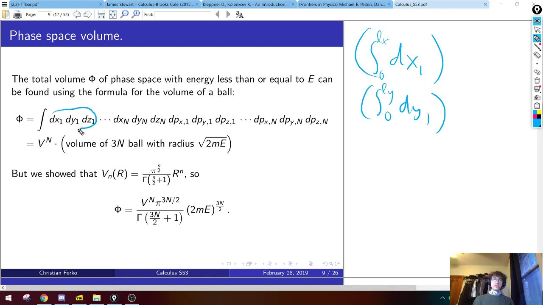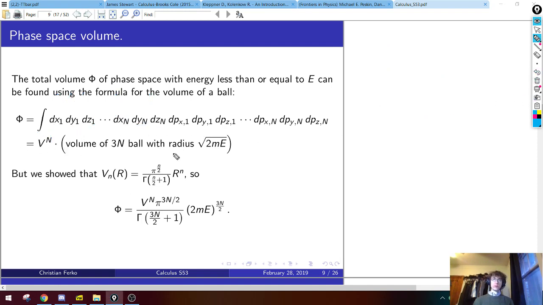So for each of these triples of dx, dy, dz, when we do the integral over the length of the box, we get an Lx Ly Lz, which we know is the volume of the box. And then there's one of those for each of the n particles. So all of the x coordinate integrals give us a volume, and there's n of them, so we get a V to the n. That part's easy. So we get a V to the n from the coordinate integrals. What about the momentum integrals?